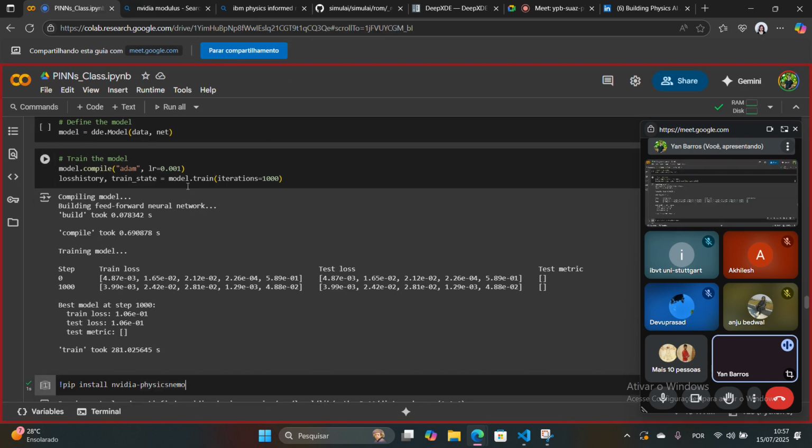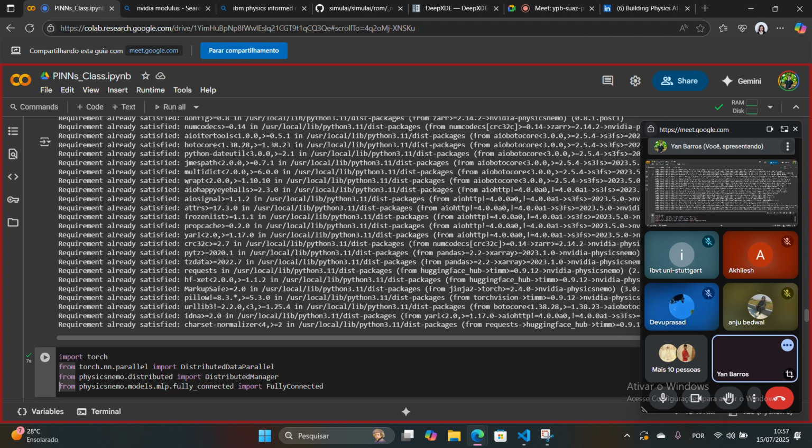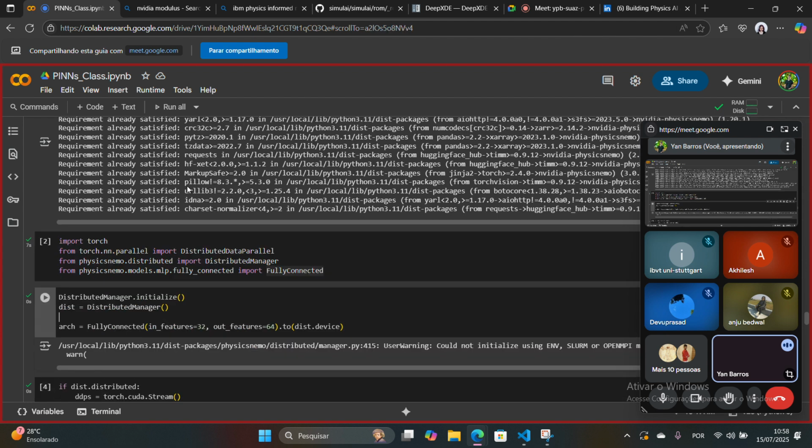Yeah. So going back to the notebook, I tried to put in an example using Physics Nemo, but it's not really what I was trying to show you, but this is how we can use it. We are using the parallel training for PyTorch. Then we load the distributed manager for Physics Nemo.